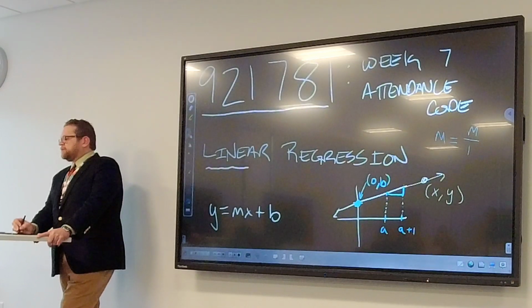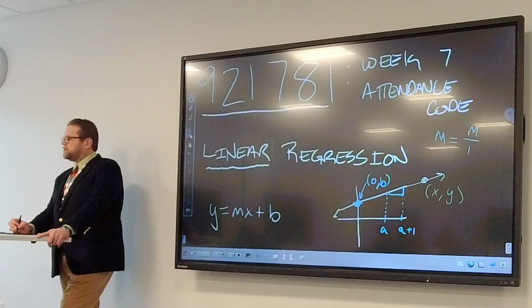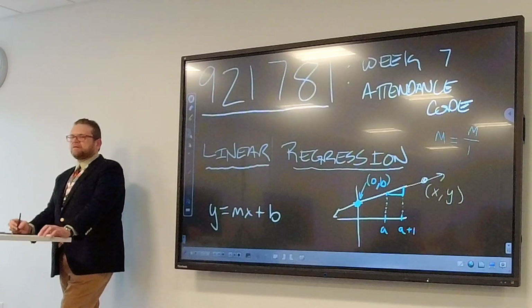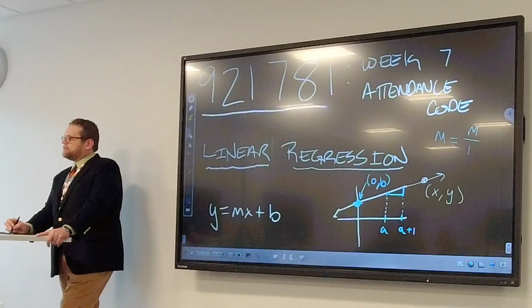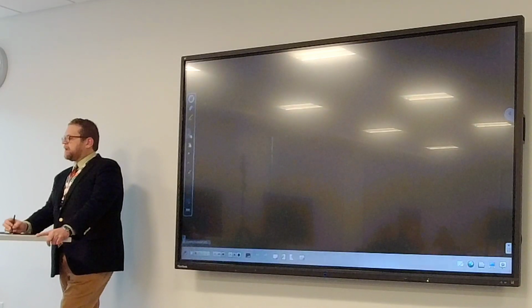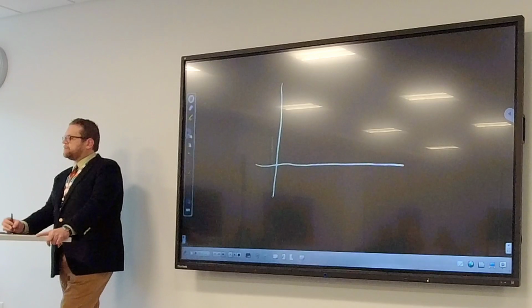And what we are going to do is we are going to have a data set that has a bunch of points, and almost surely those points would not exactly be on a line. Maybe those points are like this.